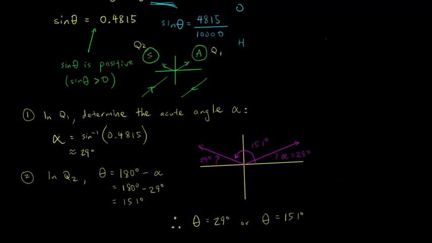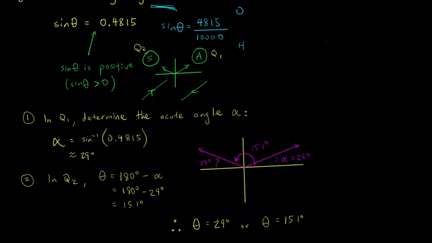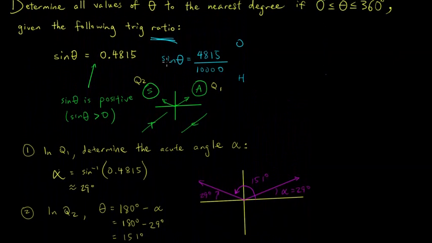This is all to say that when theta equals 29 degrees, so remember, we're basically solving equations. Let me write this as an aside. When theta equals 29 degrees, or when theta equals 151 degrees, that's going to cause sine theta to equal 0.4815.